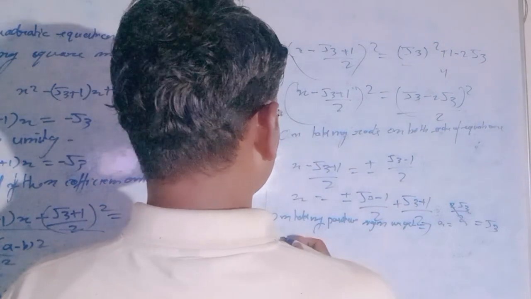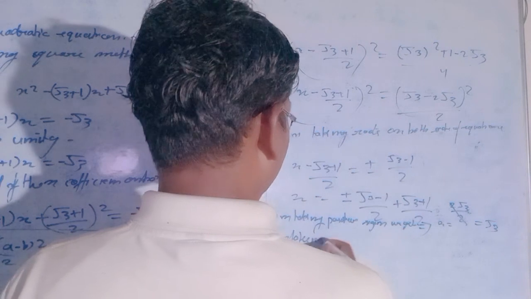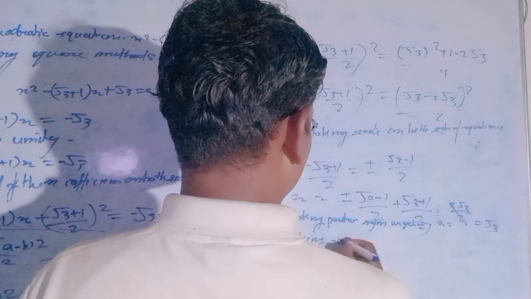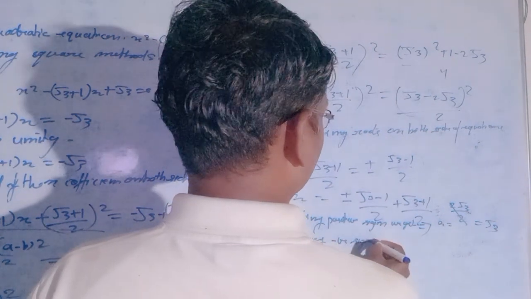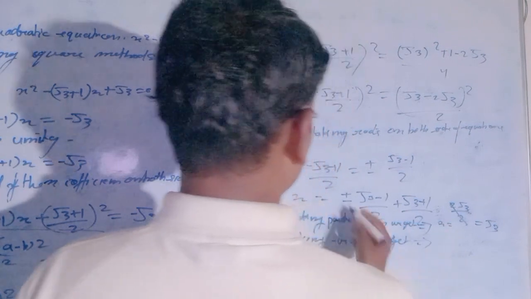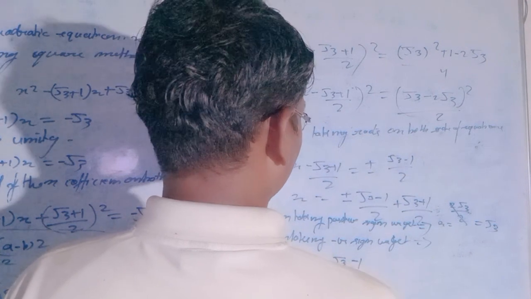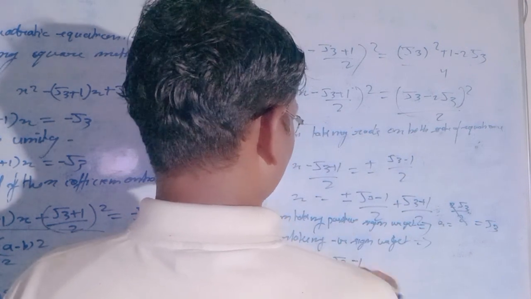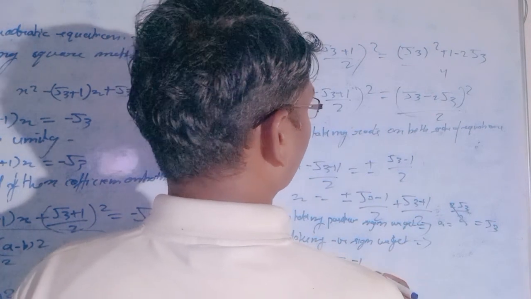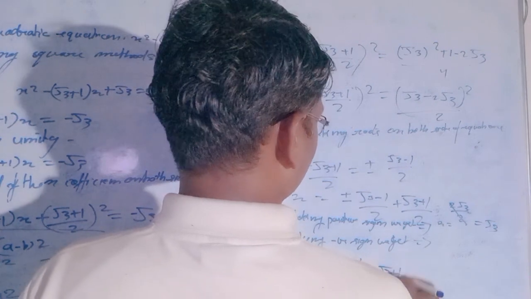Now I'm taking the negative sign, what will we get here? Then x is equal to (√3-1)/2, here is the negative sign, and transposing it became plus (√3+1)/2.